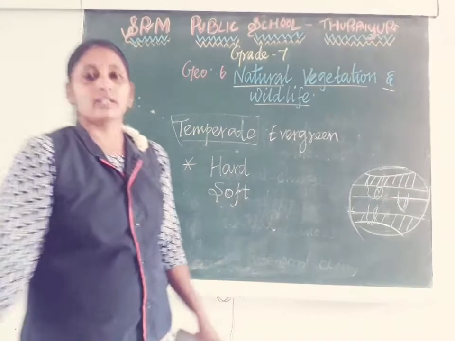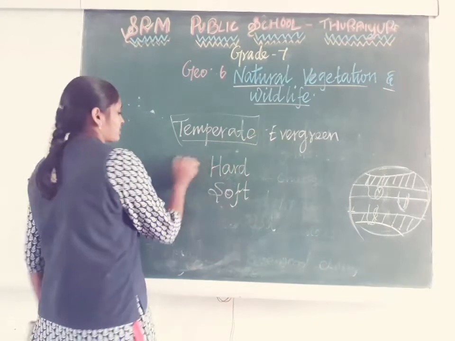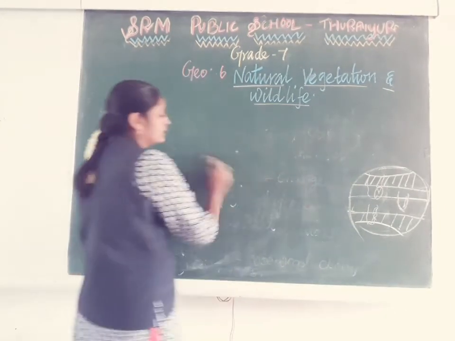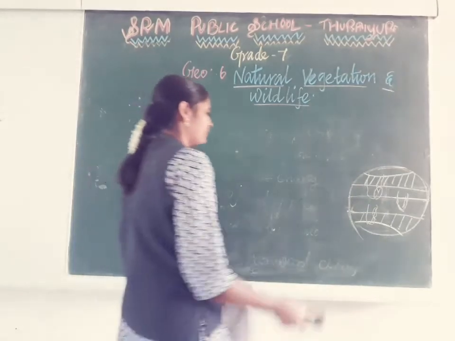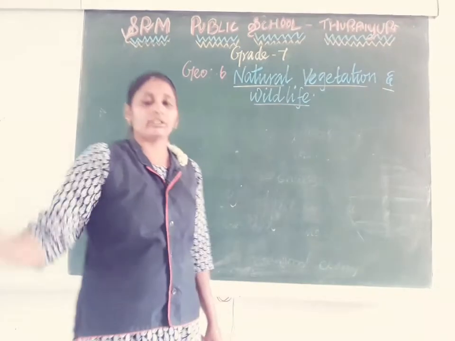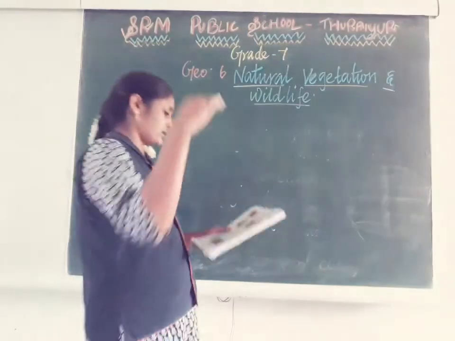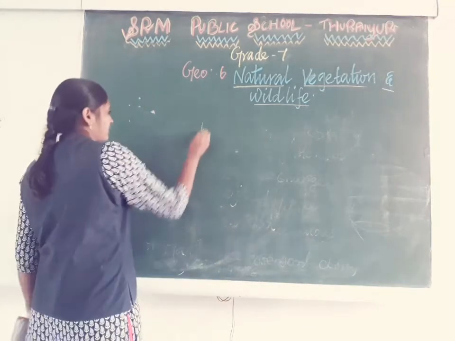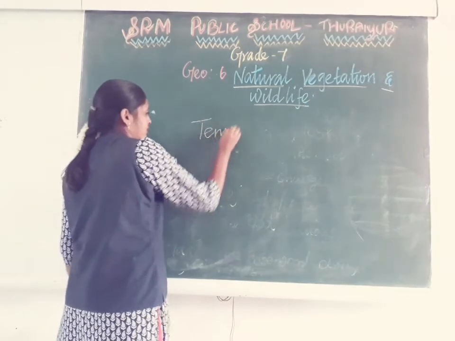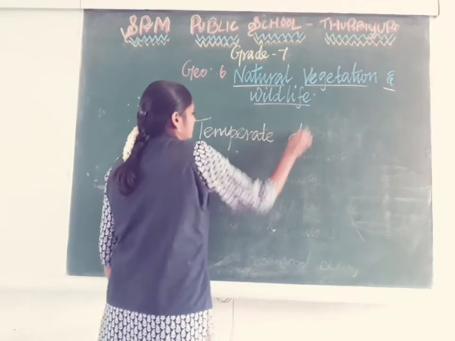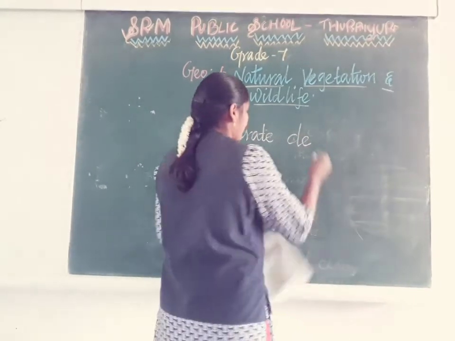So next is temperate deciduous forest, the same as the tropical region. When we are going to a higher latitude, we can see this kind of forest: temperate deciduous forest.